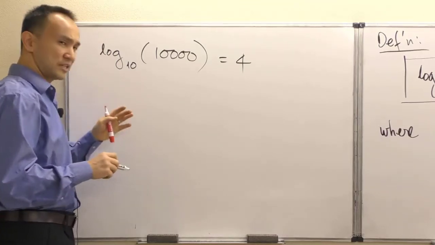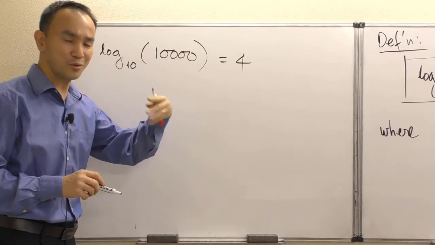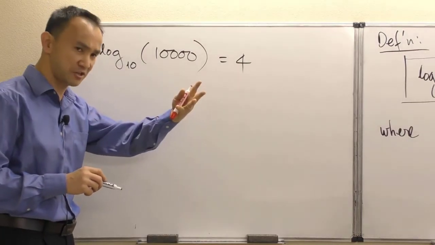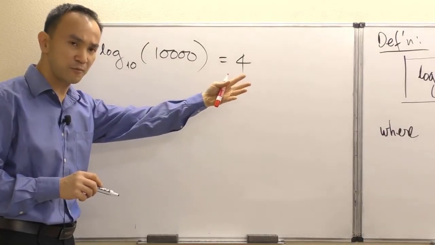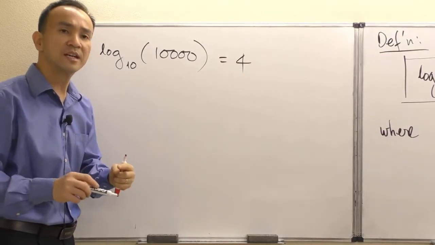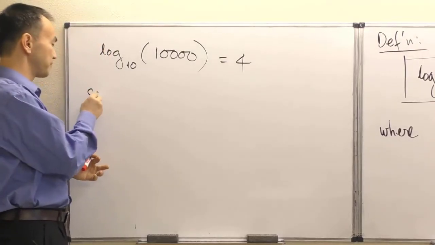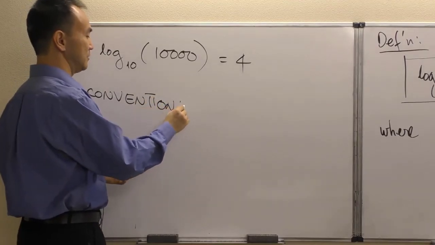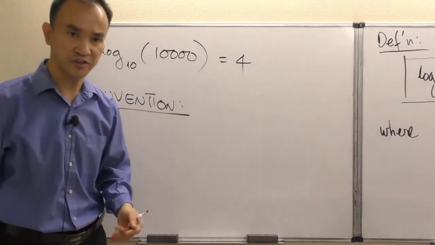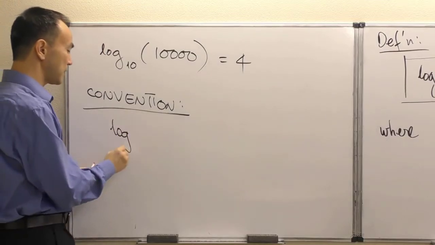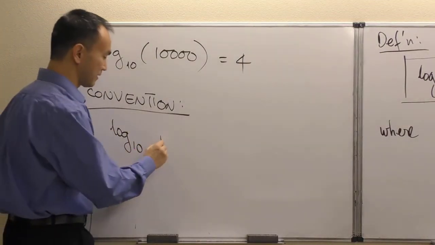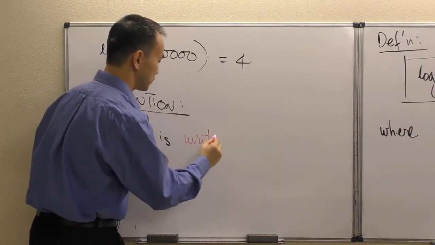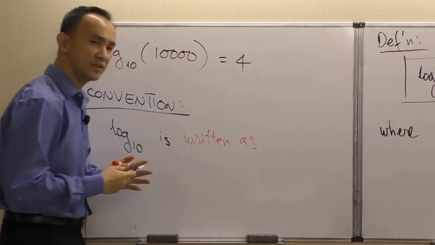It's just the way all of the mathematicians worldwide, including me as a math teacher and many other math professors out there, come up with the following convention. It's just a convention, an international agreement among all worldwide mathematicians that anytime it's log base 10, we even use a shorter symbol.